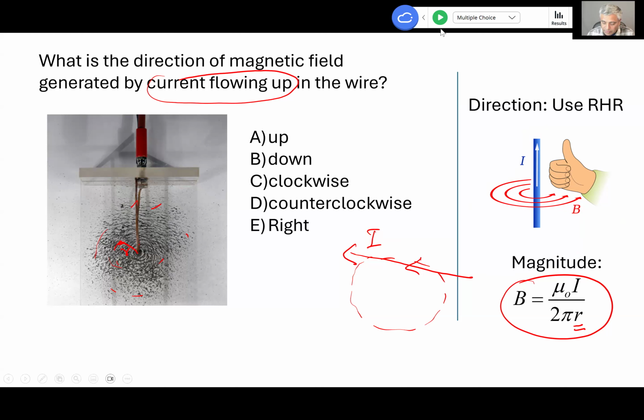So I'm opening the poll. You have 1 minute to answer this.